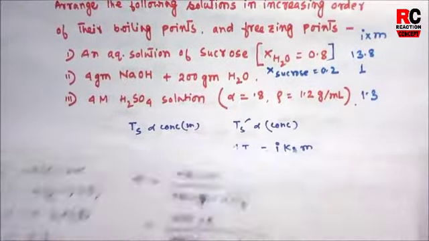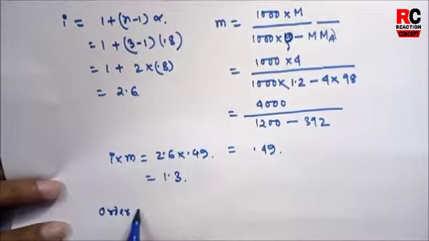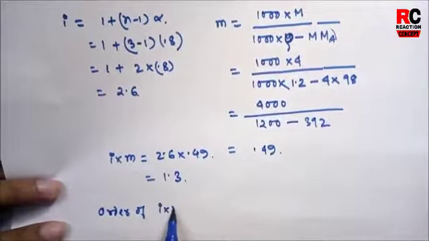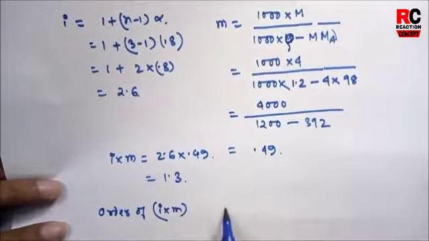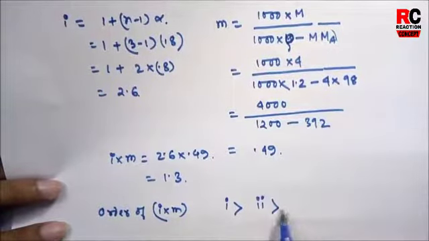So the order of i into m value is 1 greater than 3 greater than 2.